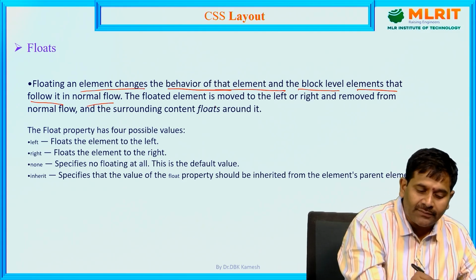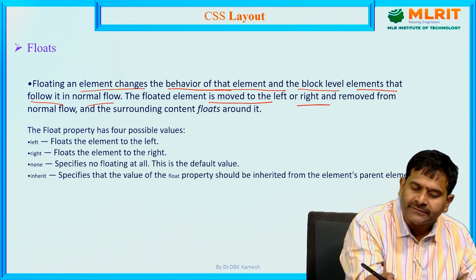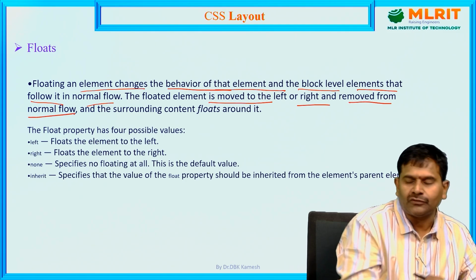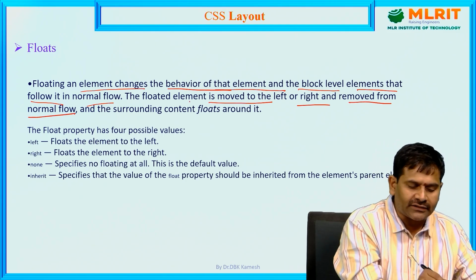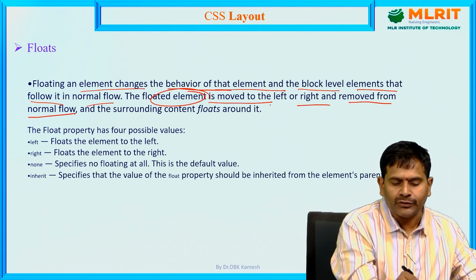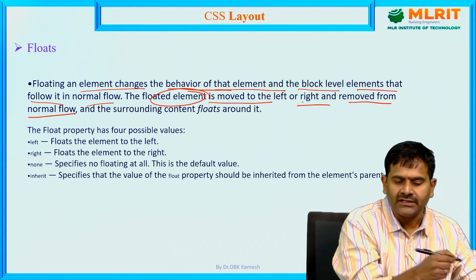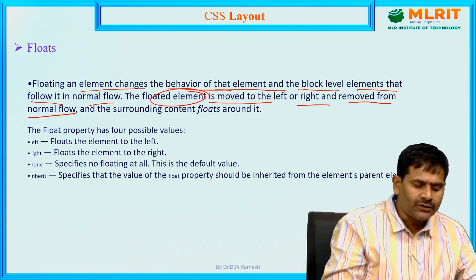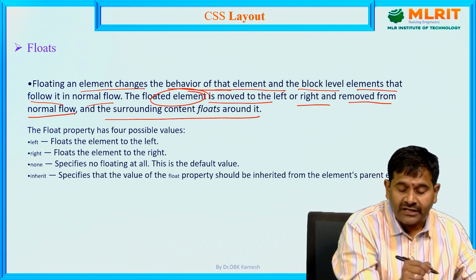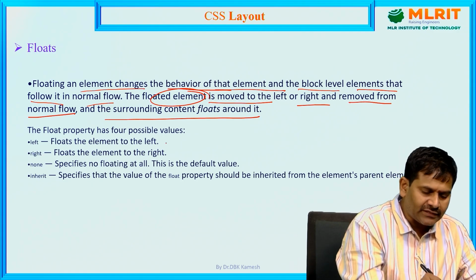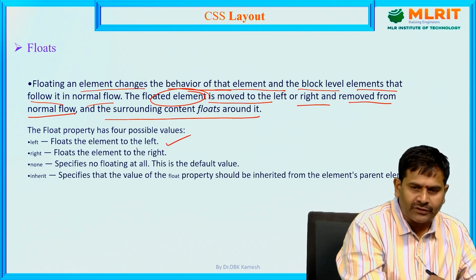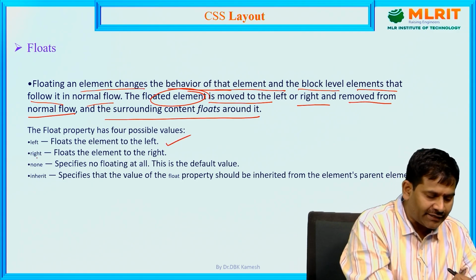The floated element is moved to the left or right and removed from the normal flow. The surrounding content floats around it. The first value is left, to float the element to the left, and then right, to float the element to the right.